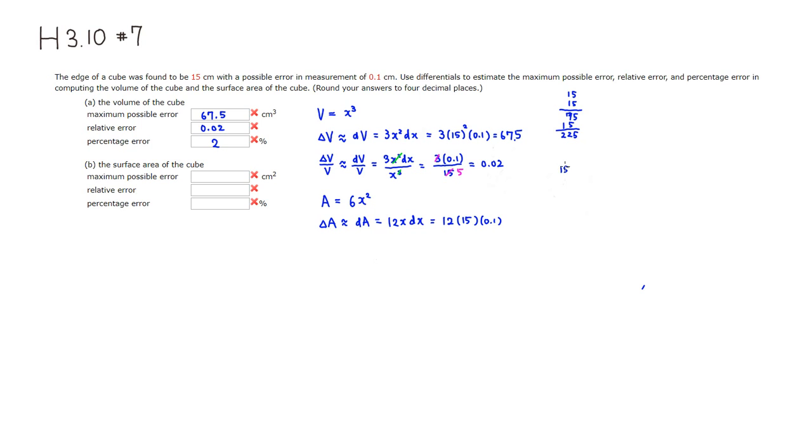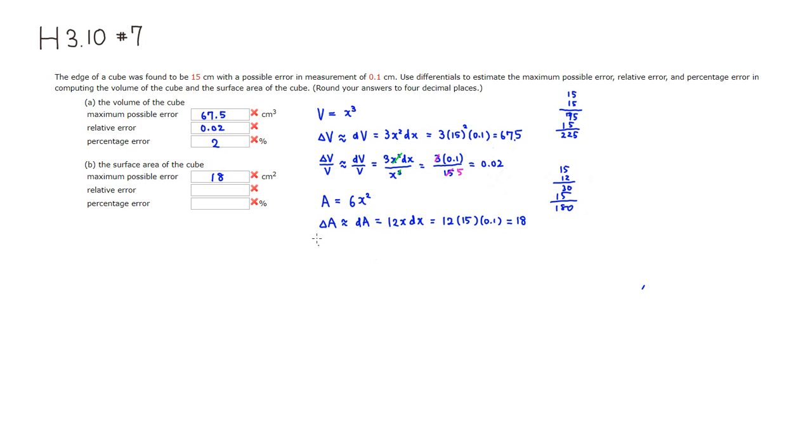So 15 times 12 is 180, times 0.1, so we have 18.